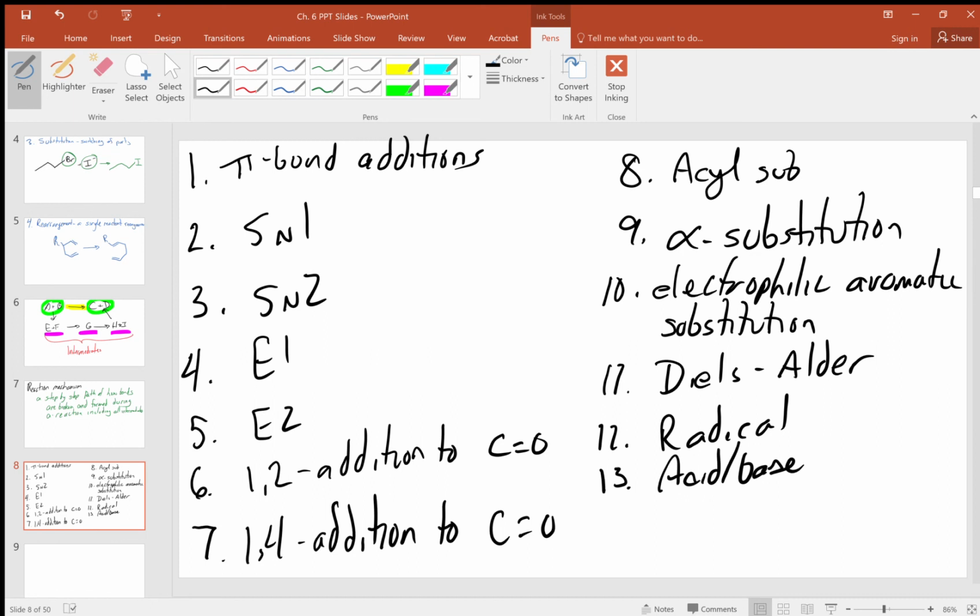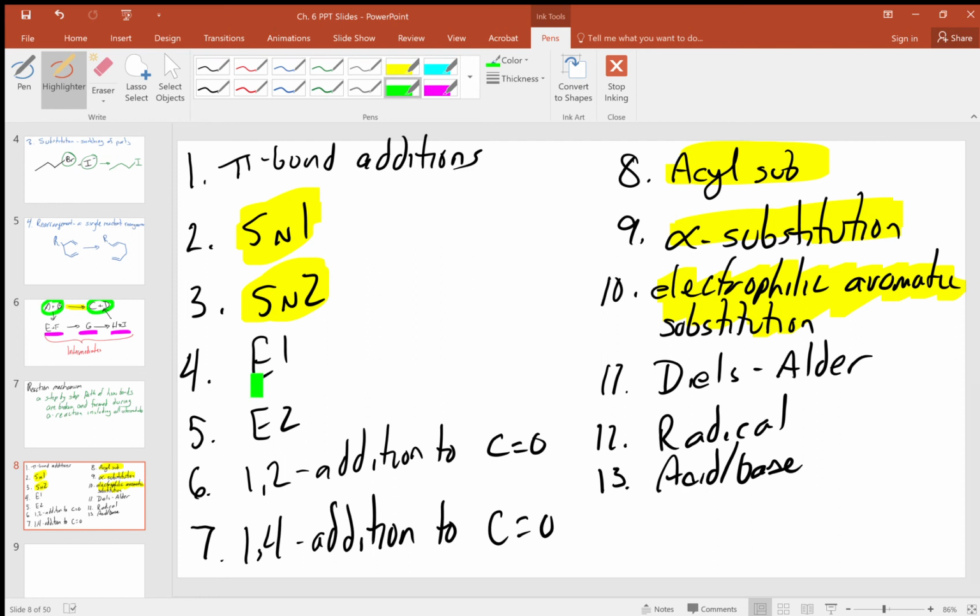Now, these aren't the only 13 major pieces of mechanisms, but again, they make up the overwhelming majority of what we do in this class. And so you can see we have some of the different types of reactions we talked about above. We have substitution, such as nucleophilic substitutions here, and acyl substitution, alpha substitution, and electrophilic aromatic substitution.